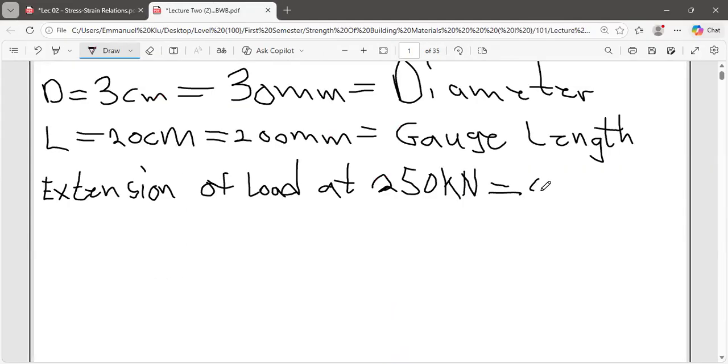So let's write 0.21 millimeters. Okay, good.